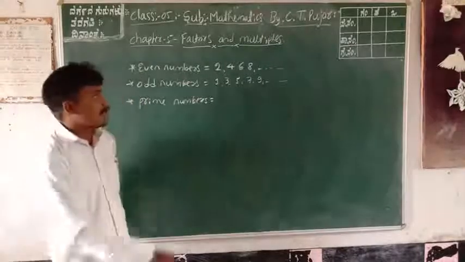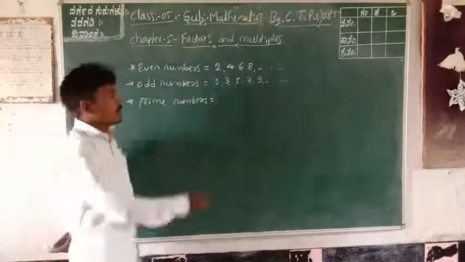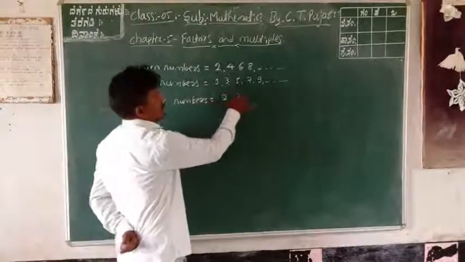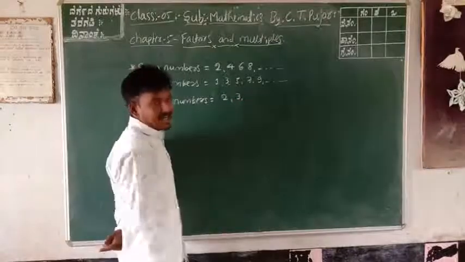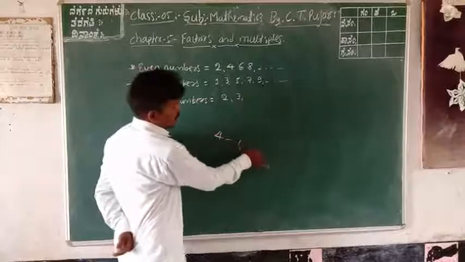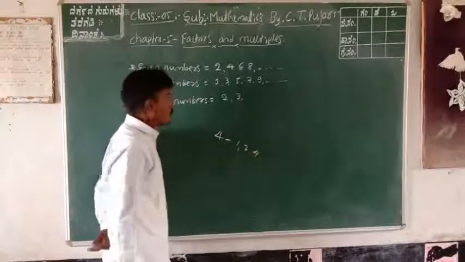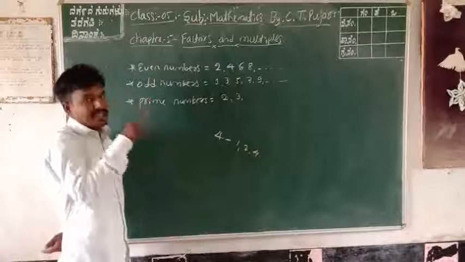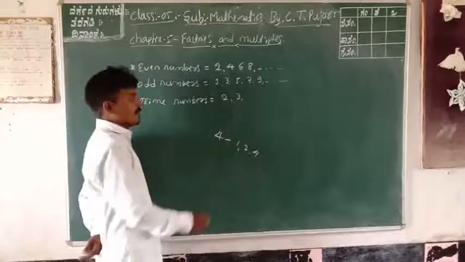For example, 1 is not a prime number. 2 is prime. 3 is prime. 4 is not prime because its factors are 1, 2, and 4, which are 3 factors, but we want only 2 factors. These are prime numbers.